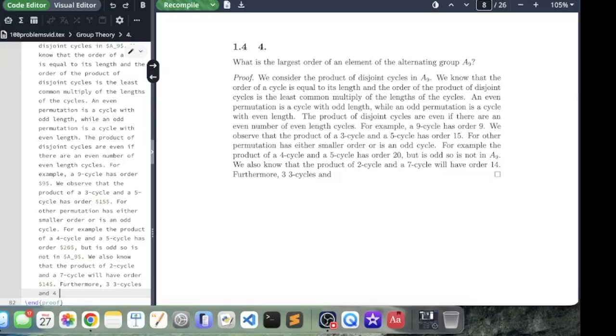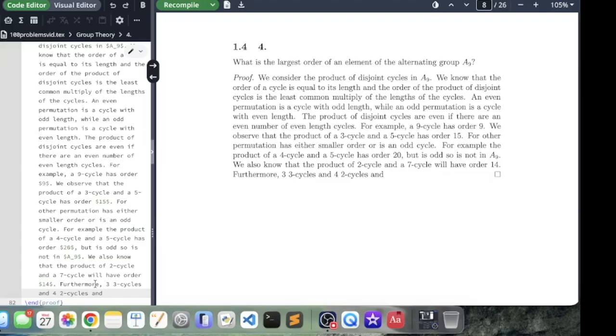We could also have 4 2 cycles and 1 more element, like 2, 2, 2, 2, 1.